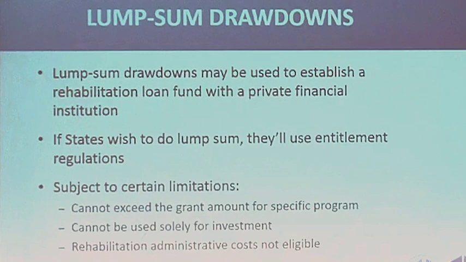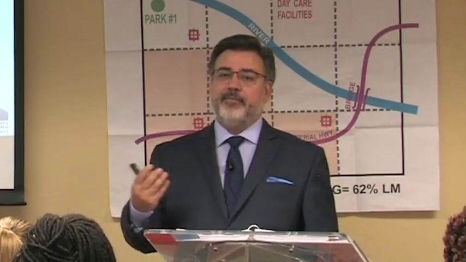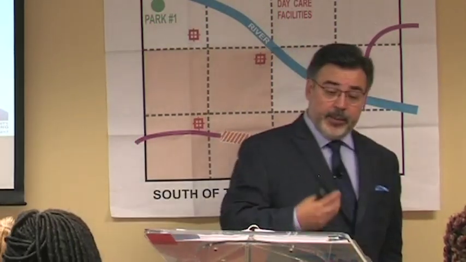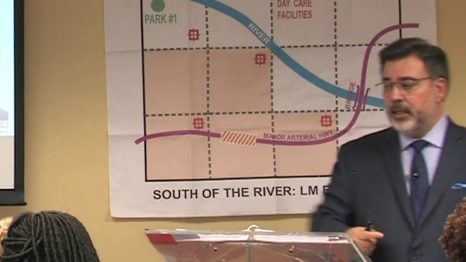Lump sum drawdowns. If you run a housing rehab program, this is something you might consider doing, especially if you have a hard time getting checks out to contractors because your payment process is not very efficient, okay? We see that every once in a while.